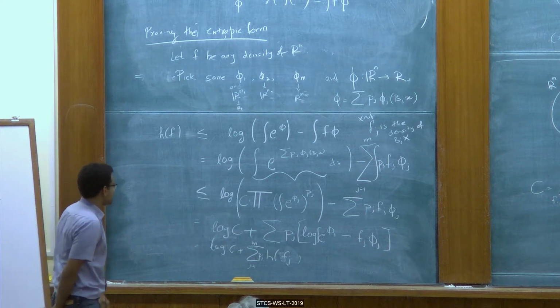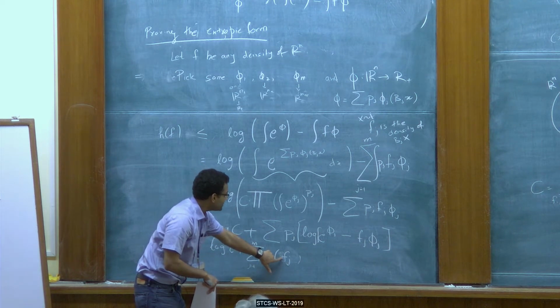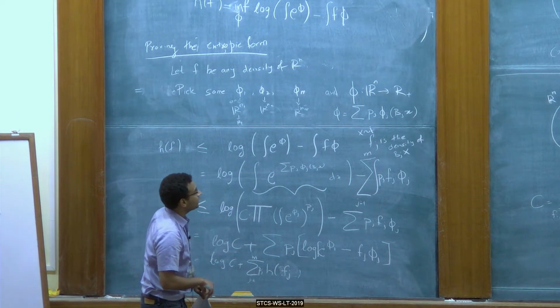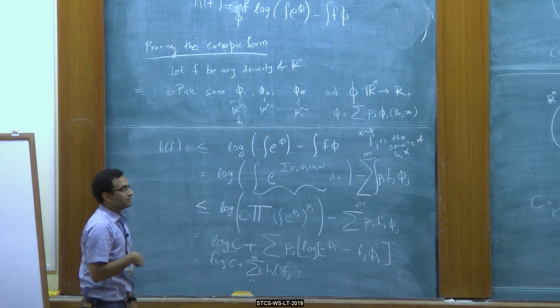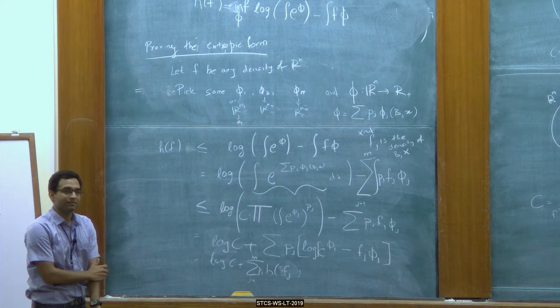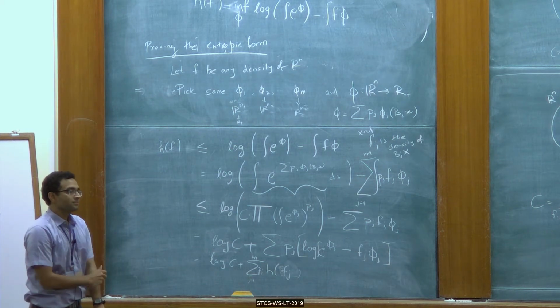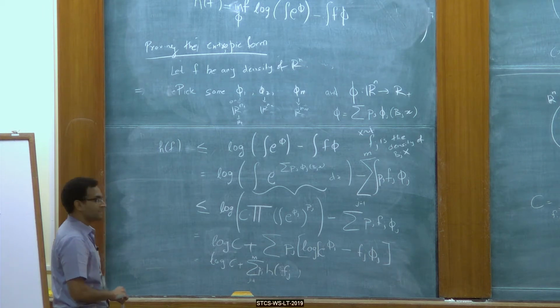So this fj is the density of the random variable bjx. And that fj was just some function. It doesn't have to be density.